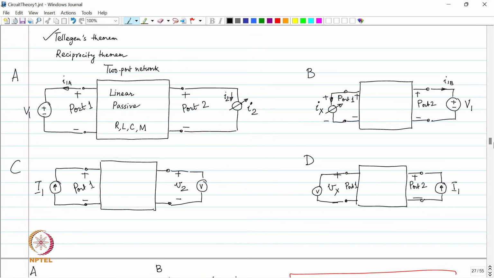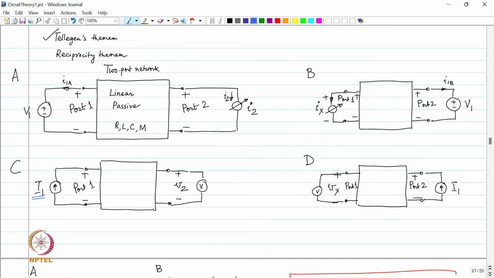In statement 2, I pushed a current I1 into port 1 and measured V2 at port 2.